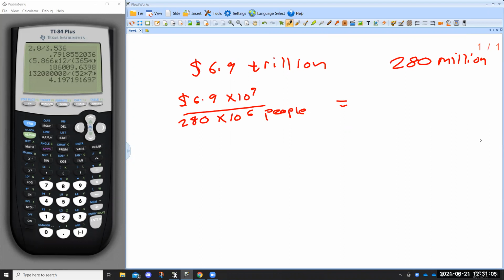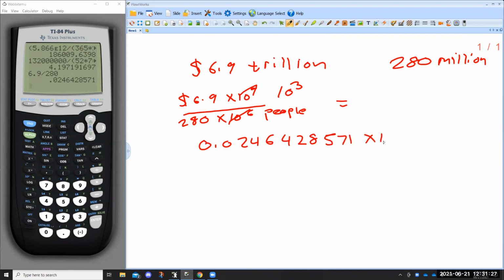That's going to be 10 to the 3rd. So 6.9 divided by 280 is going to give me 0.02464285571 times 10 to the 3rd dollars per person.